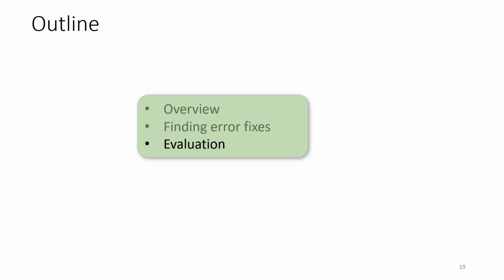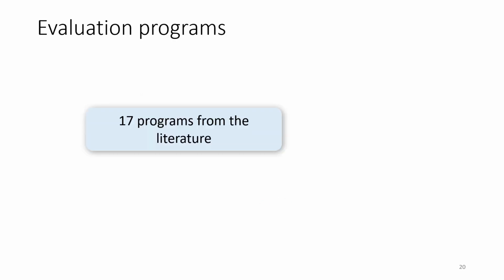Okay, now I will present some evaluation results. For evaluation purposes, we created two benchmarks. The first benchmark consists of 17 programs from the literature that involve type classes and functional dependencies. The second set consists of 60 programs from students' programs.